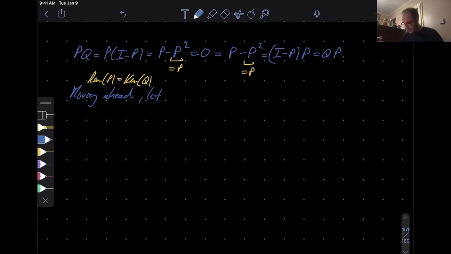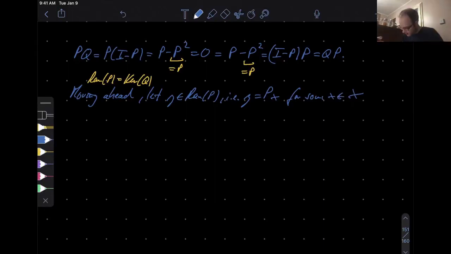Right, so this is a subspace equality, so you show that one is sitting inside the other and vice versa. Which one do I do first here? Y in the range of P. Okay, so that just means by the definition of the range that there is some x such that P of x is equal to y.